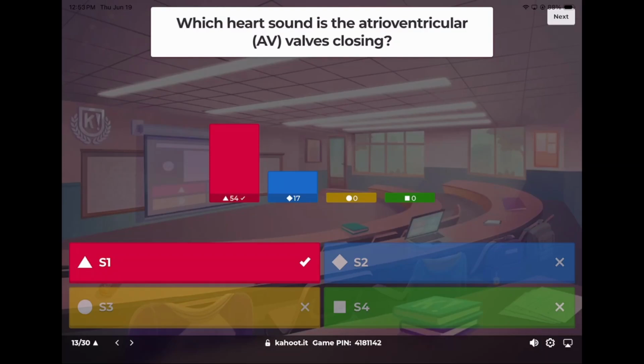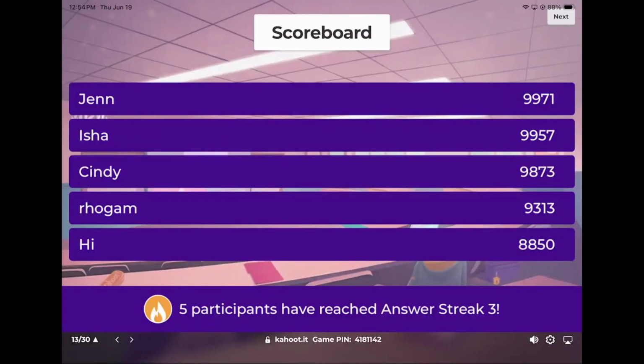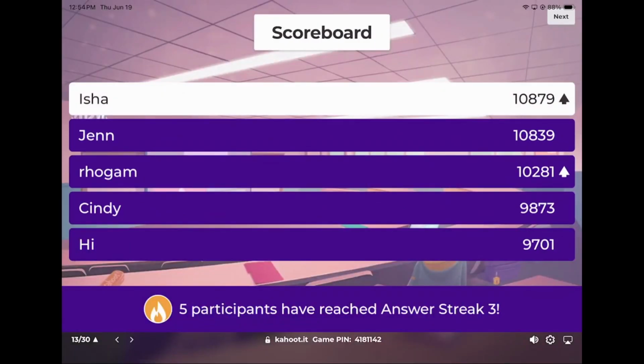So again, you see how now you're studying 4 topics just with one question? If I ask what is the sound of the aortic valve closing, same question, same answers, you just pick the right one. So that's how you study more effectively when you review questions.